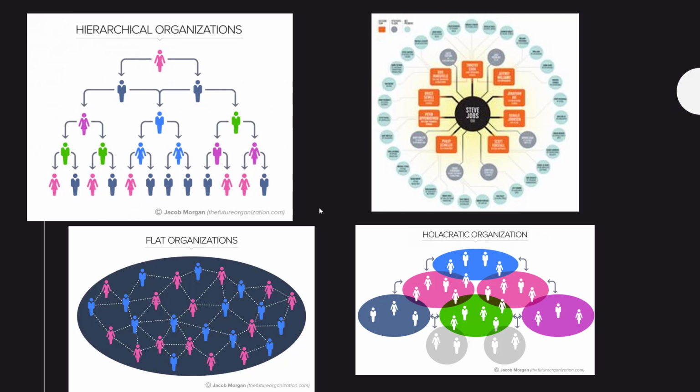Anyway, so hierarchies work this way, right? There's a single CEO, CFO, president, whatever the position is up top. And then the responsibilities, roles, and power all start to delegate and create this pyramid structure, that chain of command, so to speak, that goes down.